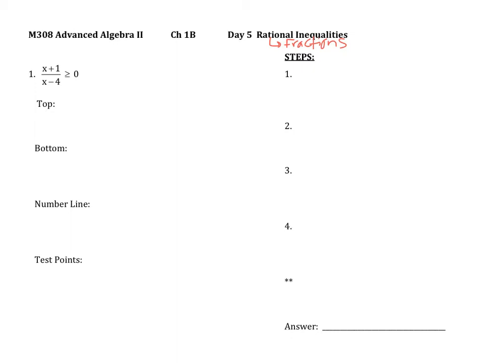So step 1, we want to rewrite the inequality so 0 is on one side. There is no cross multiplying happening in these problems. We want to make sure that there is a single fraction on one side and the equation basically equals 0.